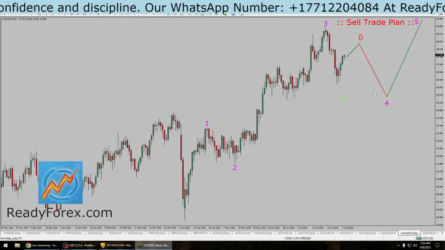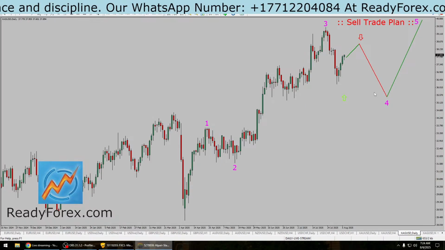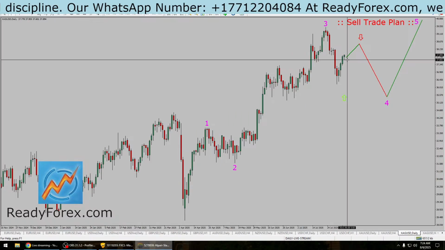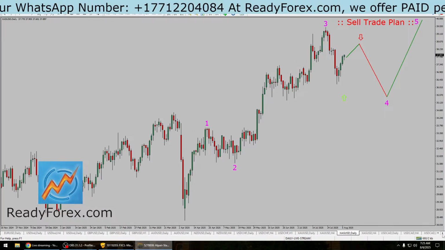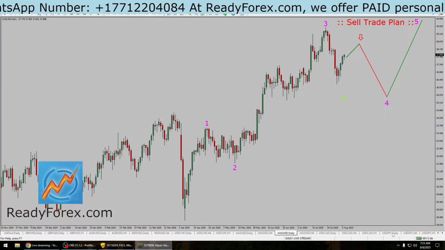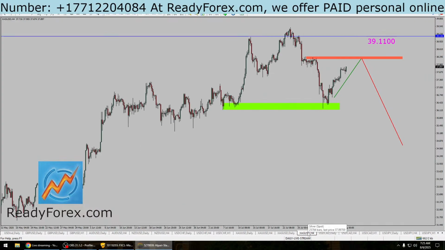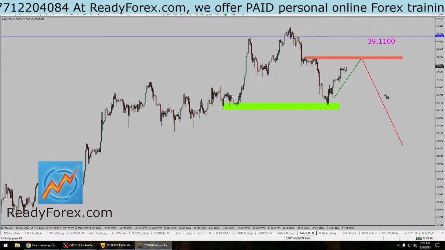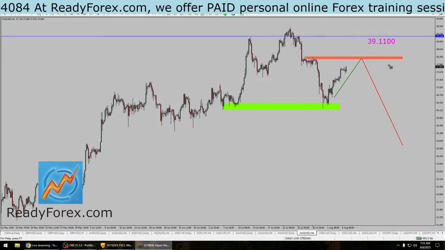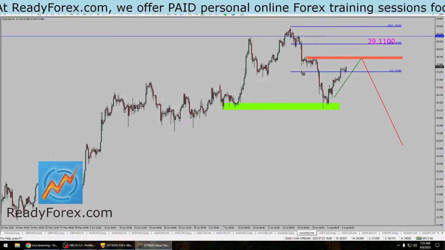So spot silver XAG USD pair. I expect more upside. Now we can draw a Fibonacci retracement level as well. Okay, go to XAG USD pair, and this is exactly what I was looking for. I was looking for a bullish leg over here.